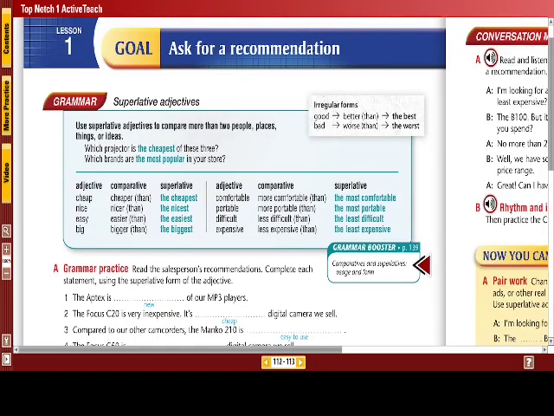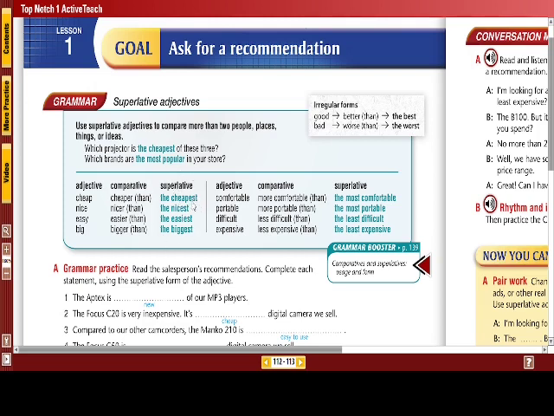So, lesson 1 is ask for recommendations. When we are asking for recommendations, we tend to use the superlative adjectives. Remember that the superlatives are used for the most something object. For example, I want the best, the most expensive, or something like that. We have in here the superlative with the ending in est.